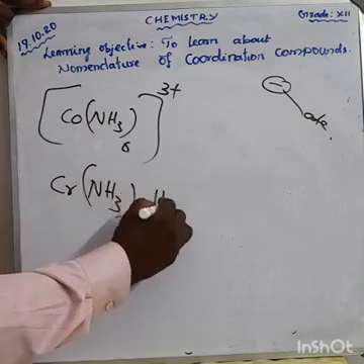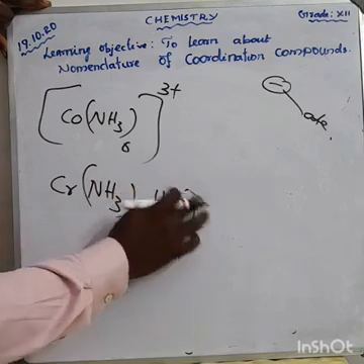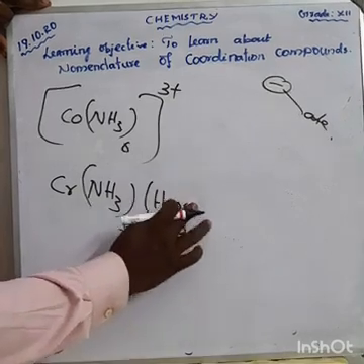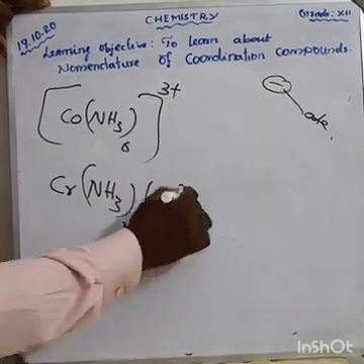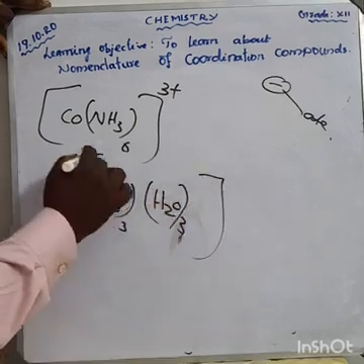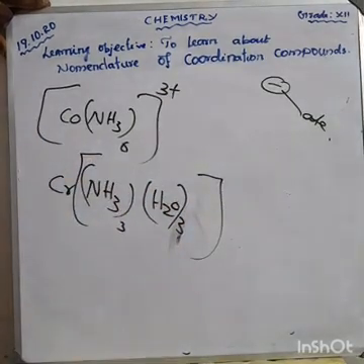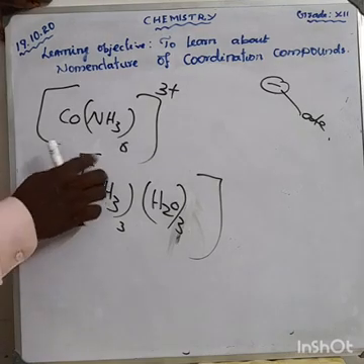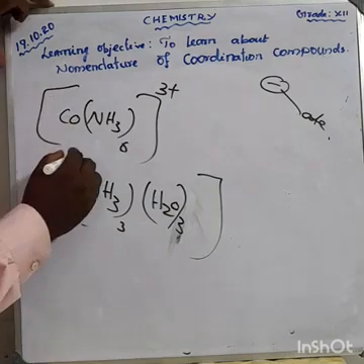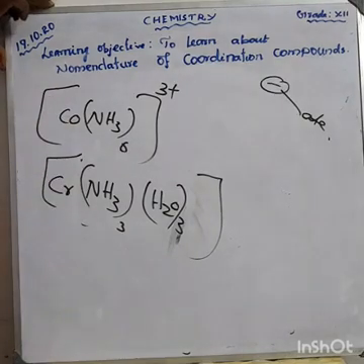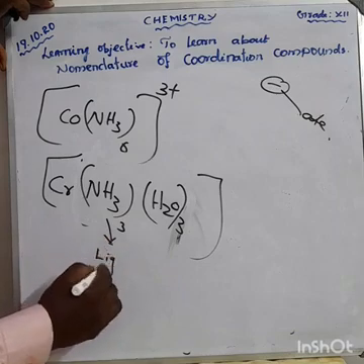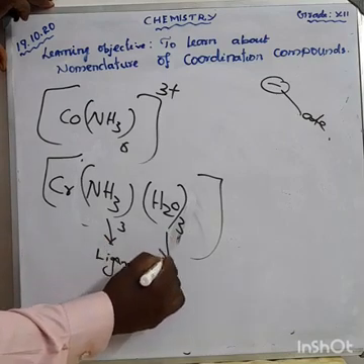And the water molecules, H2O, also I am taking 3. This is one of the complexes. How can I say this name? This is the central metal, not the outside. One of the complex. Here, this is also ligand. This is also ligand.